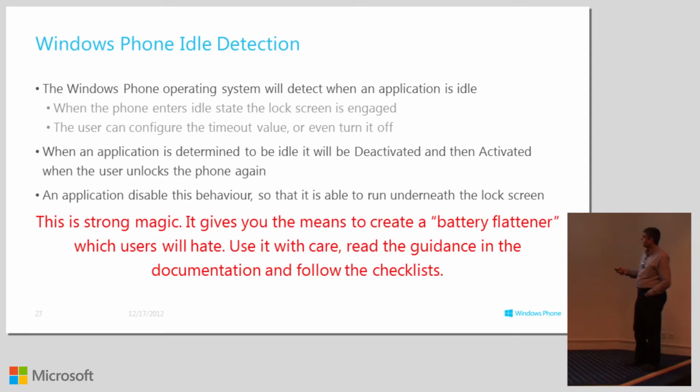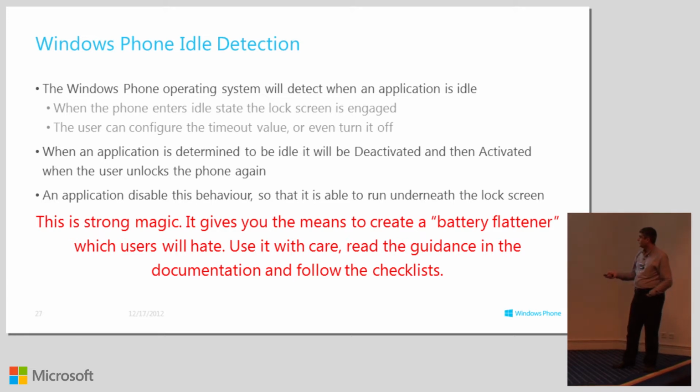So the way you do that is you set the application idle detection mode to disabled. That allows the application to continue even if the lock screen is brought in. Right?